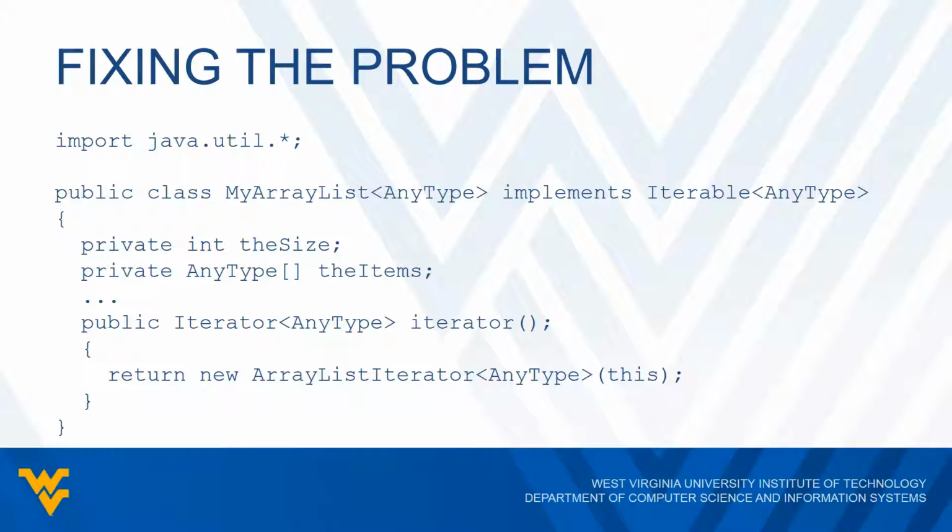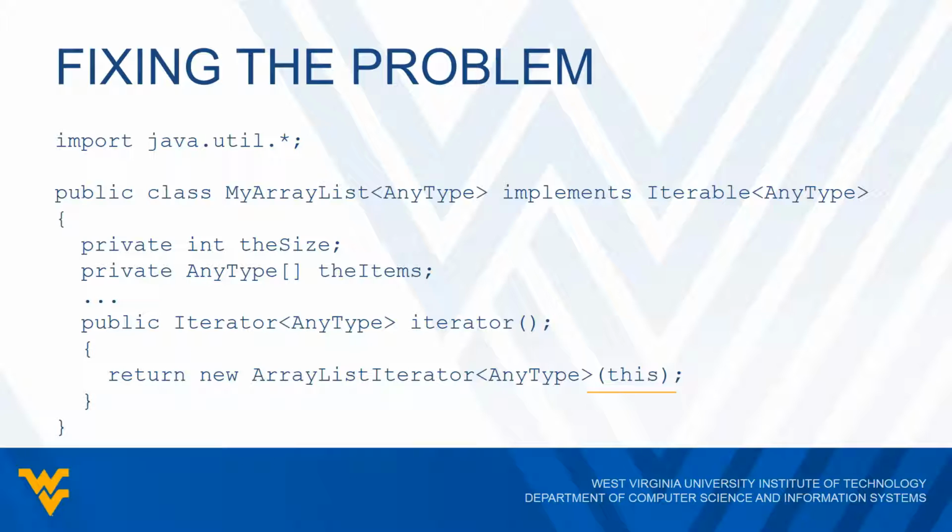So here's one attempt at it. This is at least a portion of the code where we have our myArrayList class. And it doesn't look really any different from the last time we implemented this. The only difference is this part right here in our iterator method.